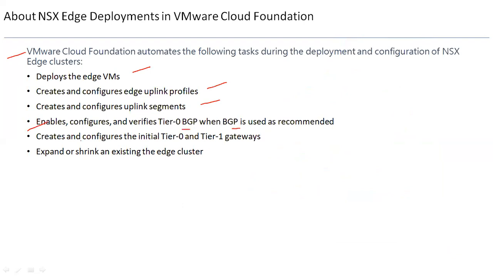BGP we refer to as border gateway protocol. It also configures the initial T0 and T1. So there is a lot of automation. Any kind of expansion and all these tasks are taken care of by your SDDC Manager, whether it is your management domain or workload domain, as I described earlier.